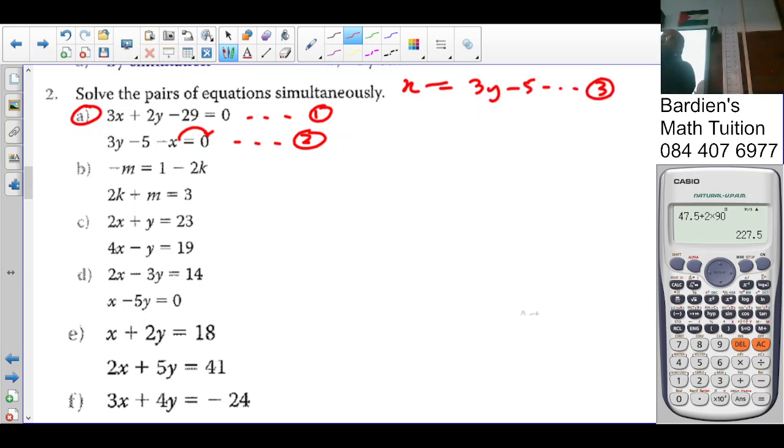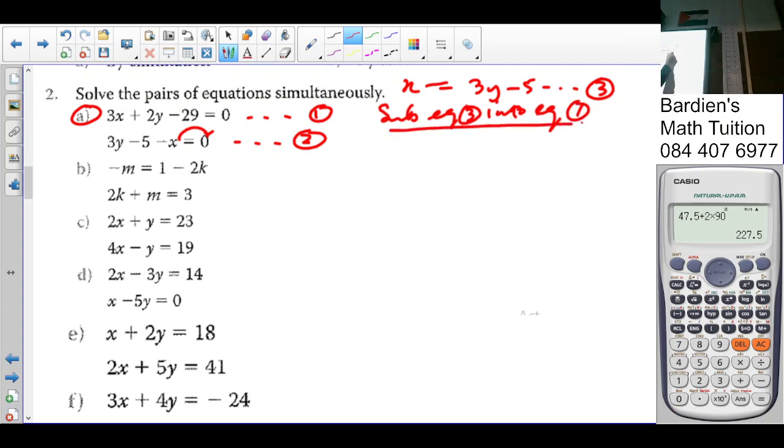Okay? Did you do that, Michael? Yes. So now we will substitute equation 3 into equation 1. So that's going to simply be 3 times (3y minus 5) plus 2y minus 29 is equal to 0.